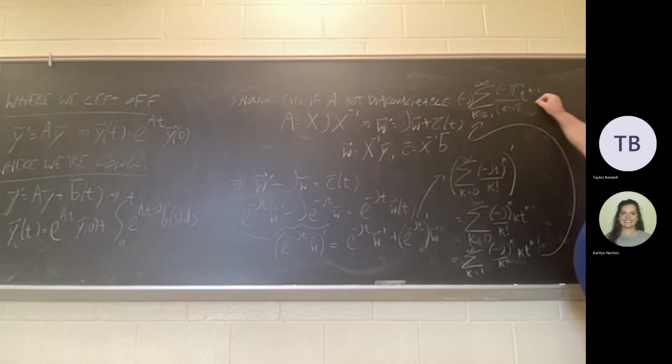So I can rewrite the sum by replacing k by k plus 1 throughout. It's like a change of variable in the sum. If I replace k by k plus 1, then all the k minus 1s become ks.